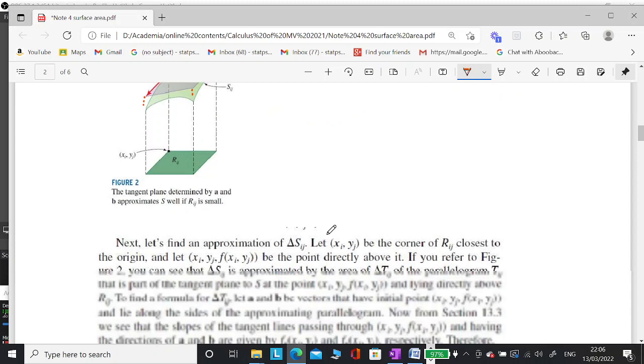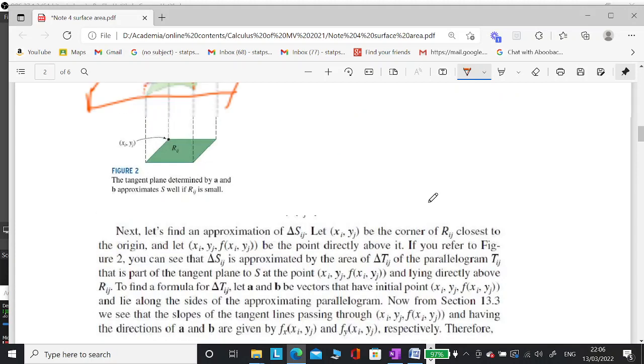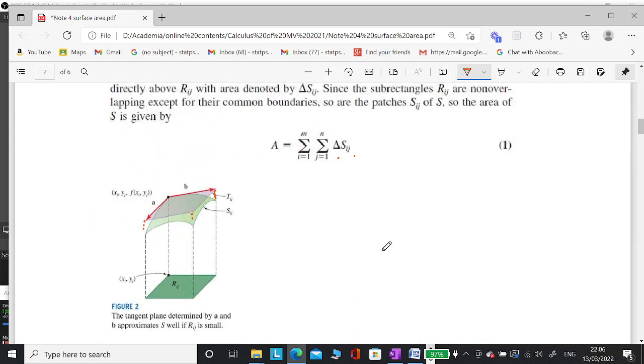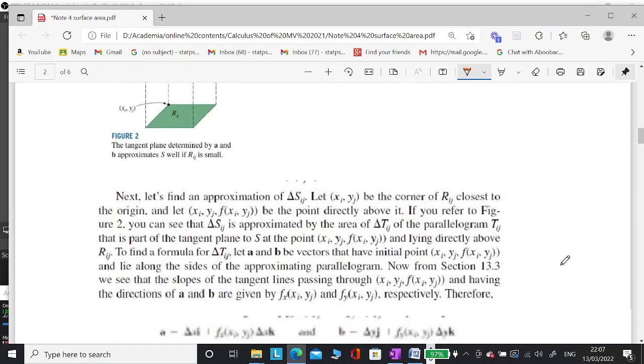Through tangent planes. We denote this tangent plane as Tij and its area as delta Tij. So delta Tij is approximately equal to delta Sij. But to have this approximation to a greater accuracy, we take the Tij in a direction like this.